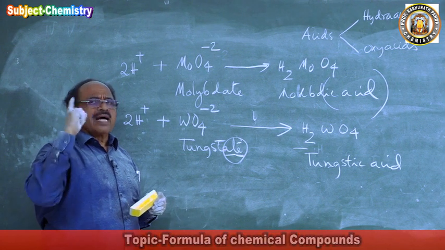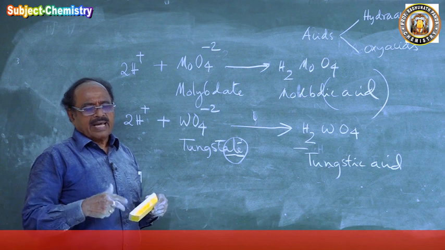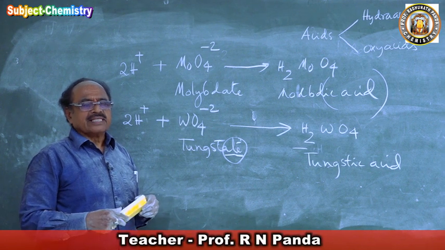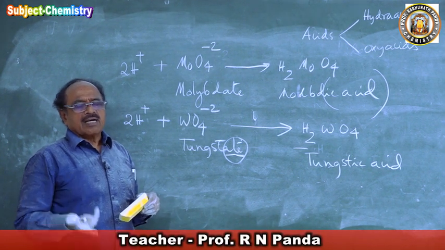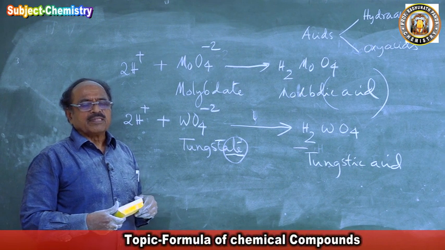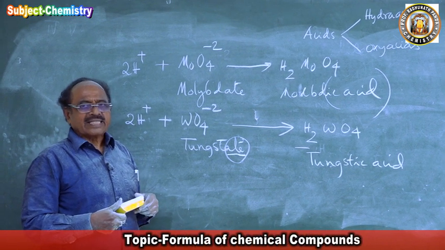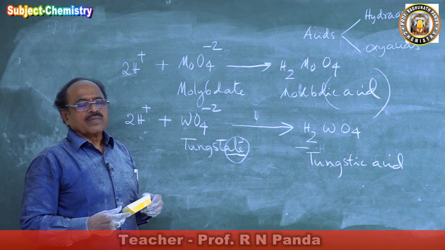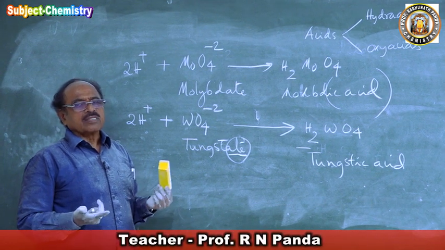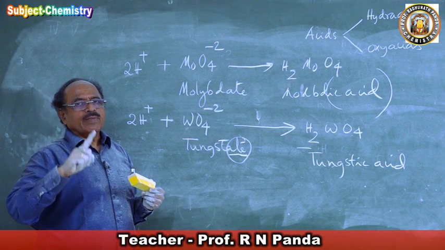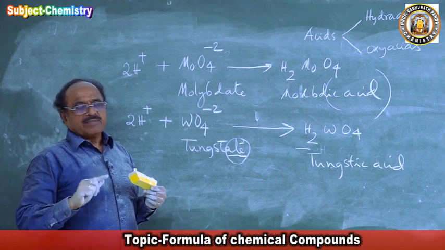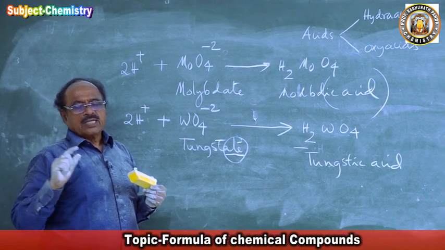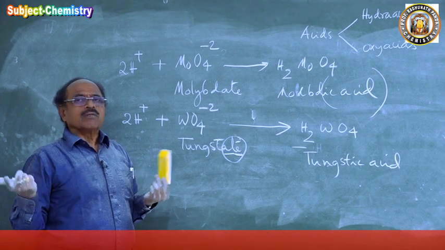You only remember that 8 minus the group number is the charge, and elements belonging to a group exhibit similar physical and chemical properties. The way sulfur forms sulfate minus 2, the same way chromium, molybdenum and tungsten form chromate minus 2, molybdate MoO4 minus 2, tungstate WO4 minus 2.